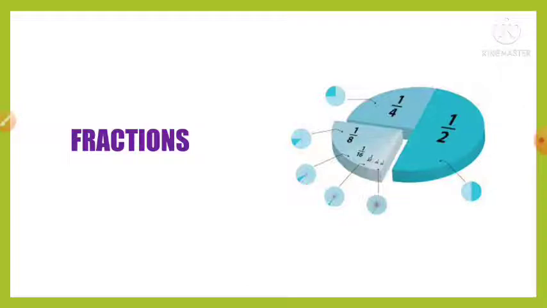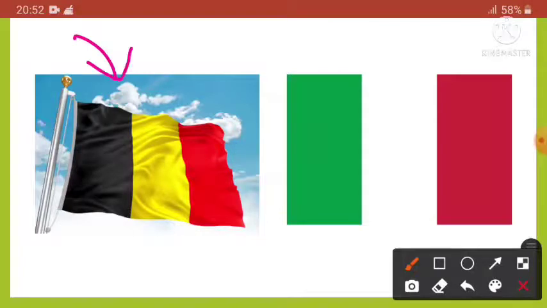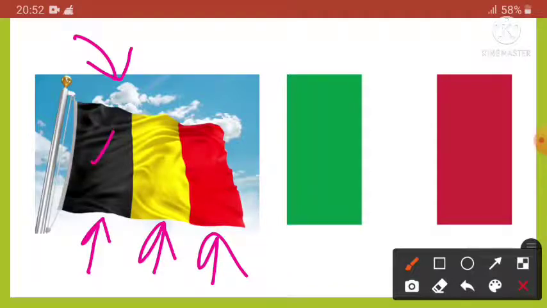Okay, so now if you look at this picture here, the first one is the flag of Belgium. If you take this flag, you can see there are three parts. One is black, one is yellow, and another is red.